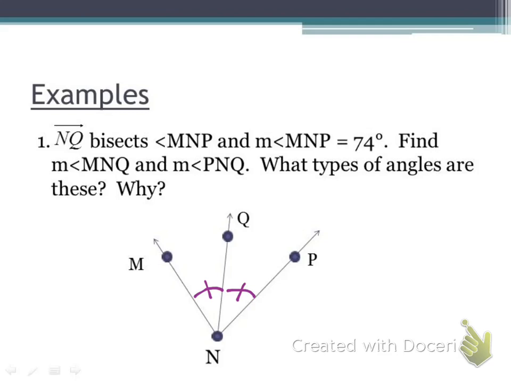So by marking that diagram that those two are congruent, we've shown what is stated in the first sentence, that ray NQ is the bisector. Now, it says that MNP, so the big angle, so I'm going to just label it like this to show that it's the entire angle, is 74 degrees.